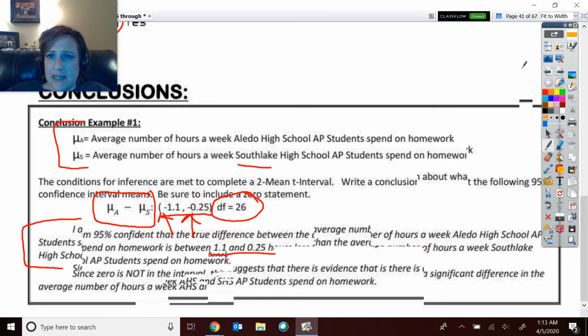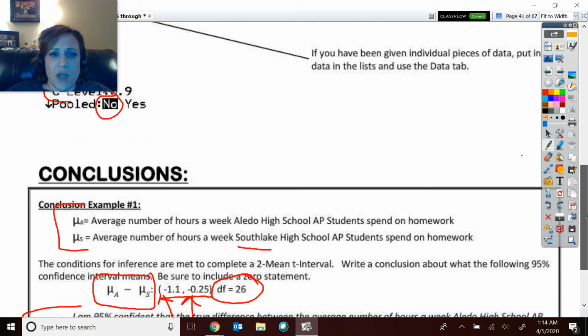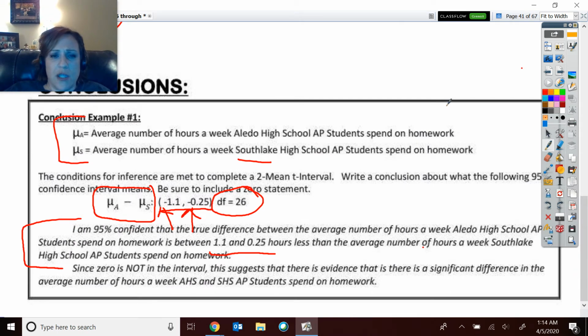So 1.1 to 0.25 hours less than. See, the Alito High School students are spending less time, that much less time, than the average of the South Lake.